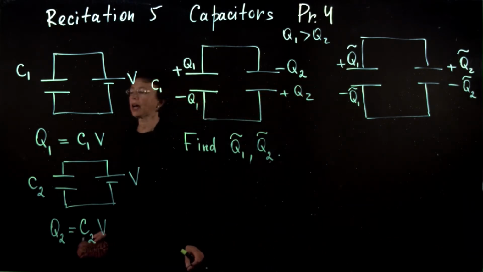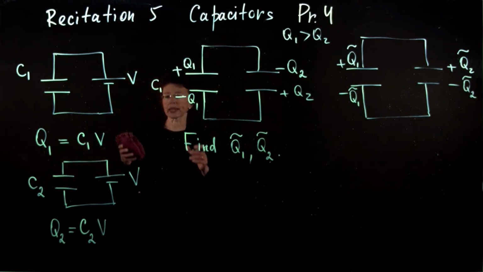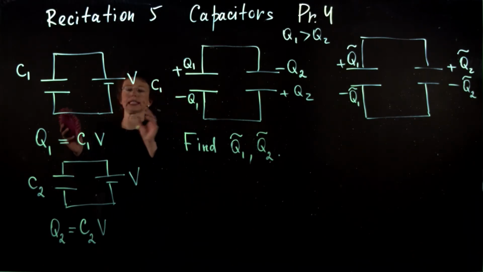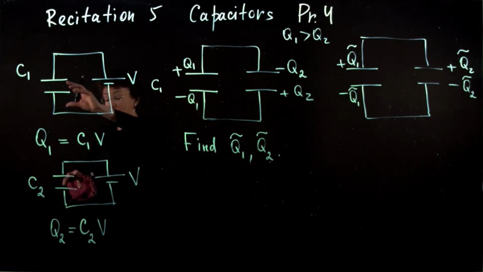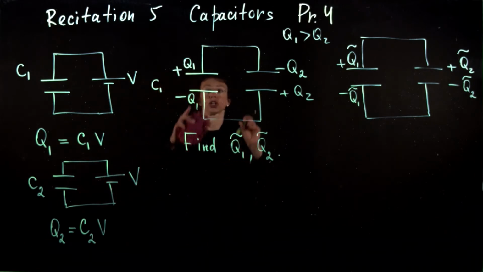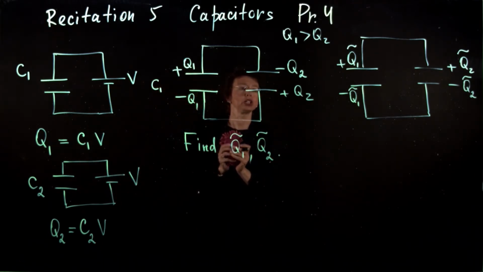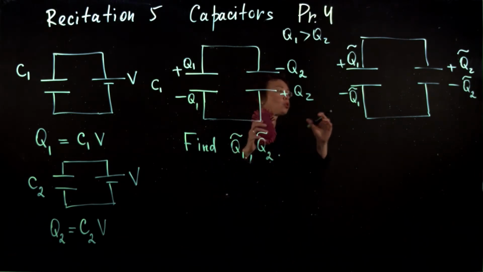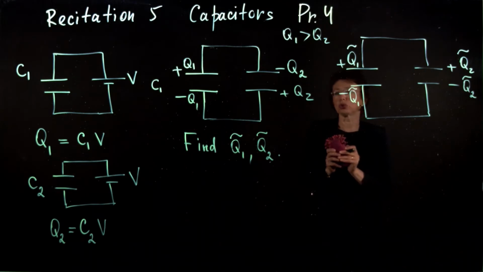We know well how to find the equivalent capacitance when we bring the capacitors together in series and in parallel when the capacitors were originally uncharged. But these two were originally charged. They were already charged with some charge before we brought them into this circuit. So how to find the new charges Q1 tilde and Q2 tilde?